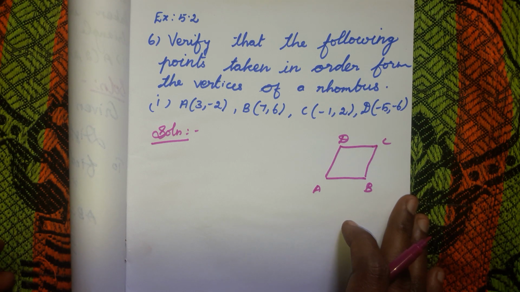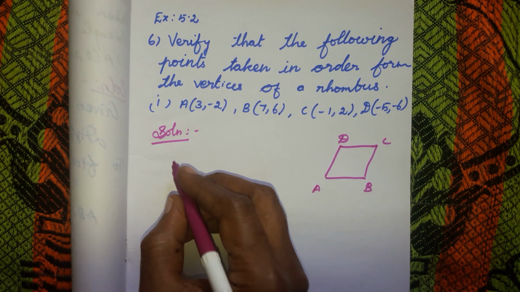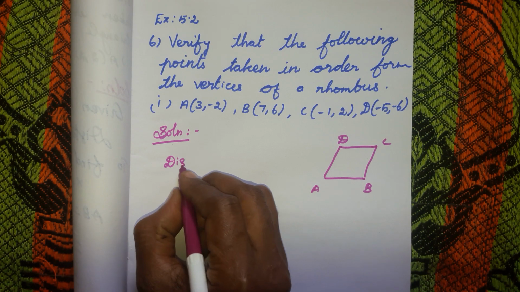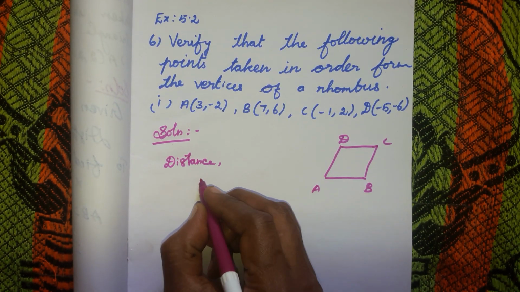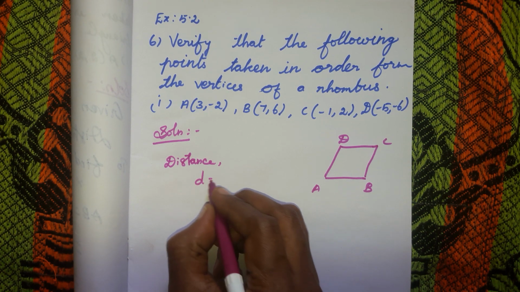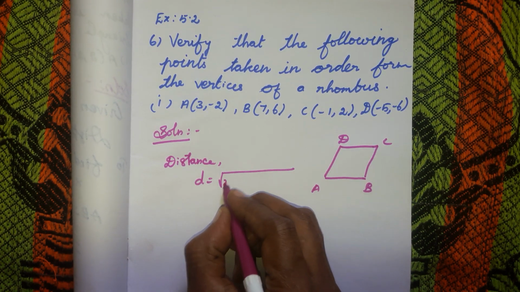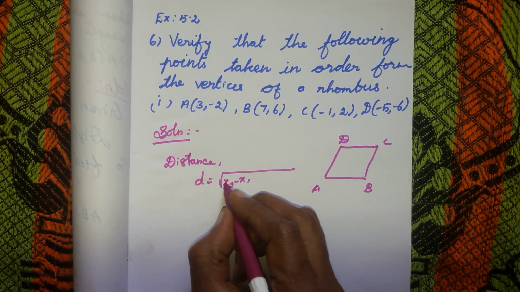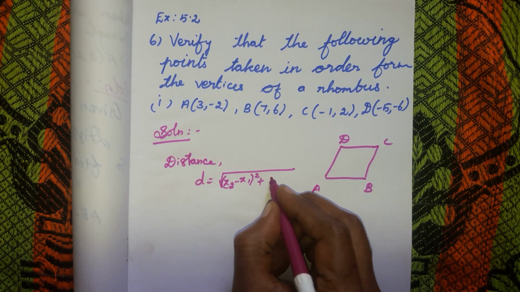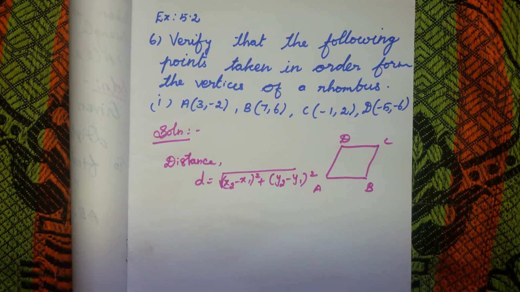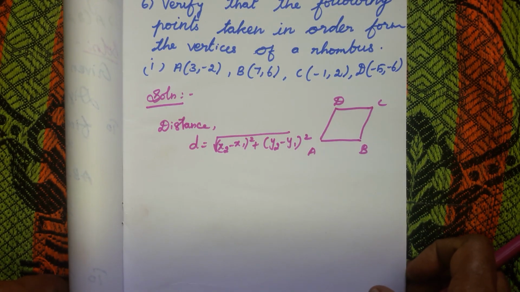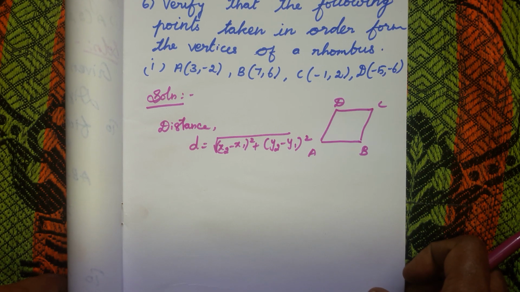Already, what's the formula for distance? Distance D is equal to root of (x2 minus x1) the whole square plus (y2 minus y1) the whole square.